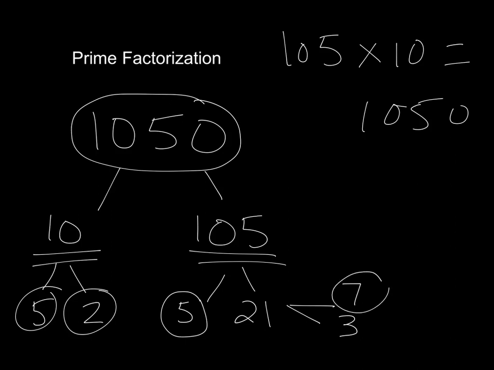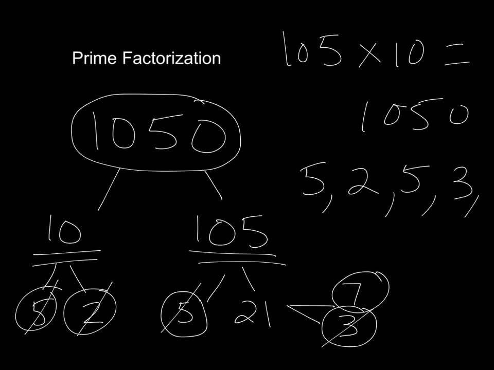And now we look at 7 and we look at 3, and those are prime numbers. So the prime numbers that we're left with are, and I like to cross them off as I go, 5, 2, another 5 there, another 3, and 7.